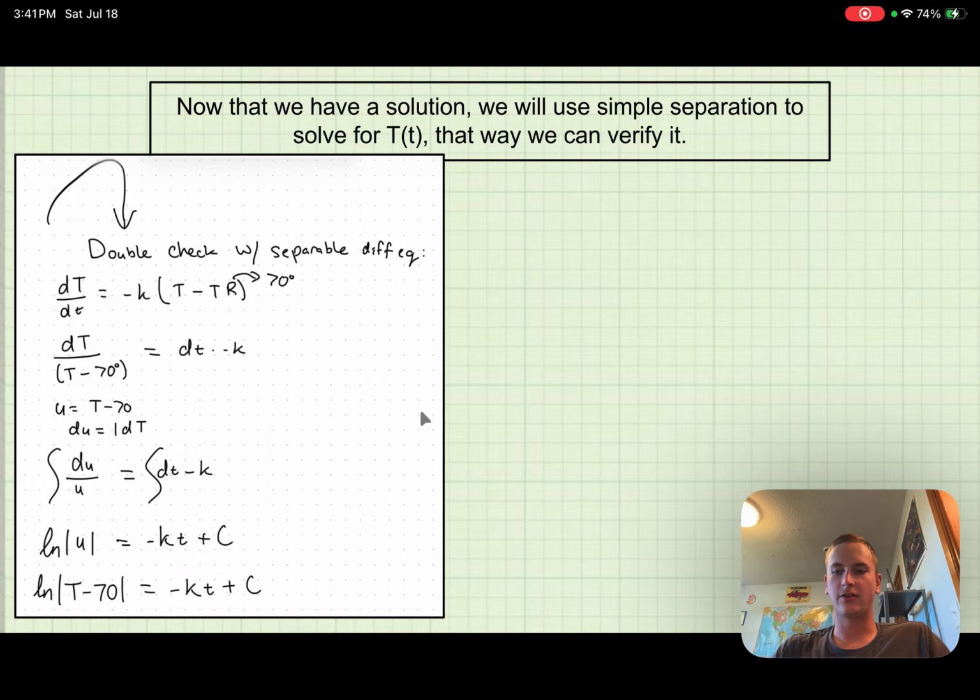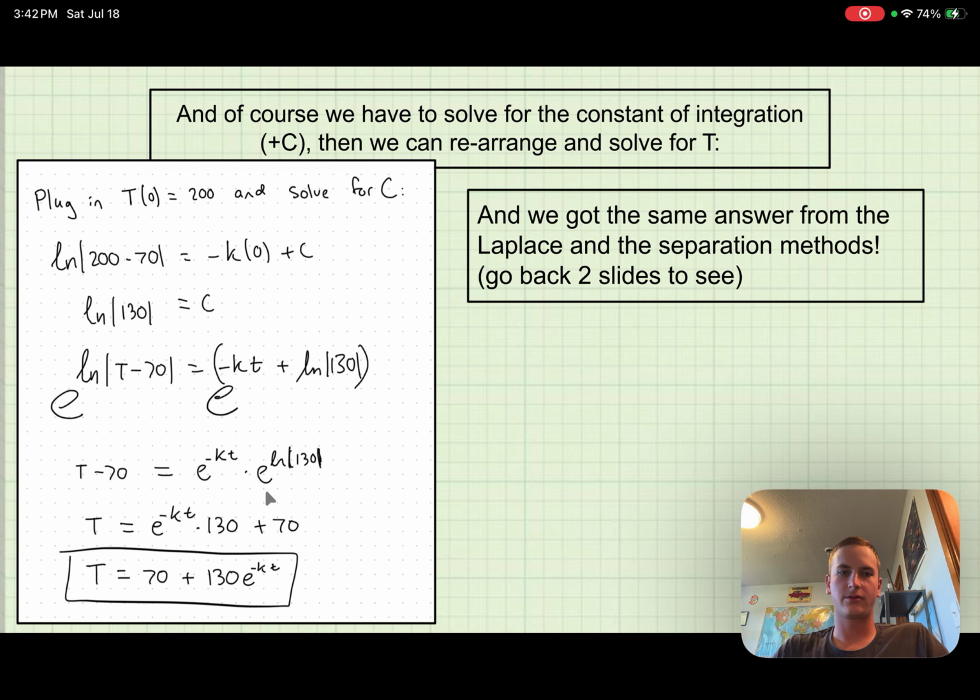Now that we have a solution, we can use separation to verify it, because separation is a simpler process. There's not as much converting. What we're going to do is put all the big T's, all the temperatures, on one side, and all the small t's on the other side. We're going to use a little substitution, integrate it, and then solve for plus C, of course, which we do here.